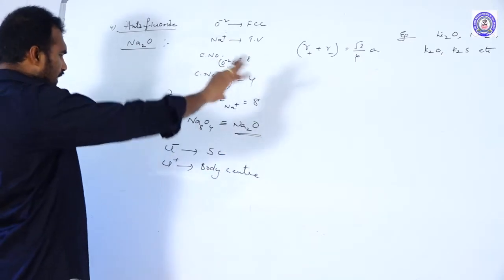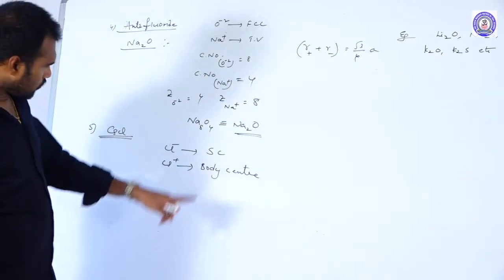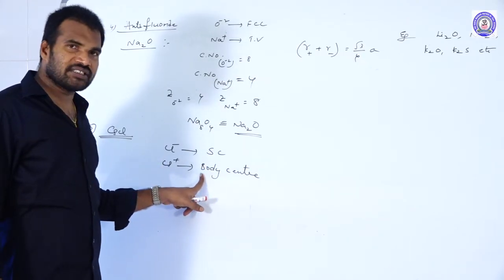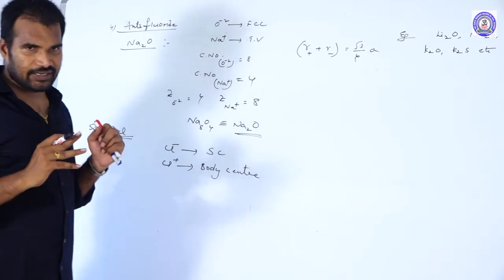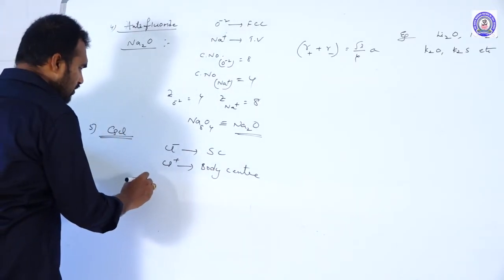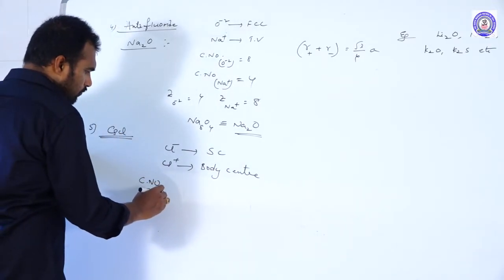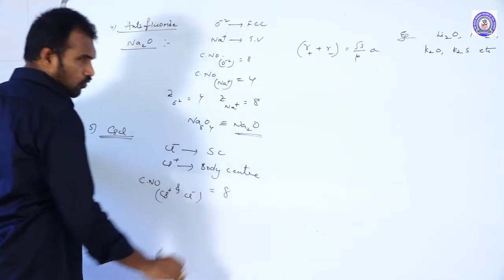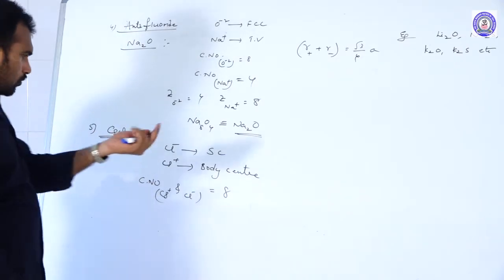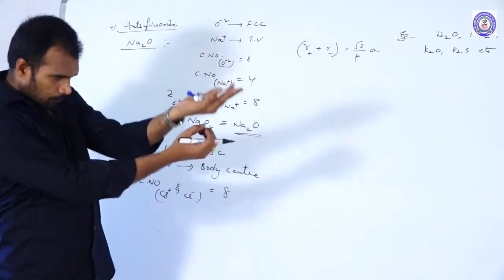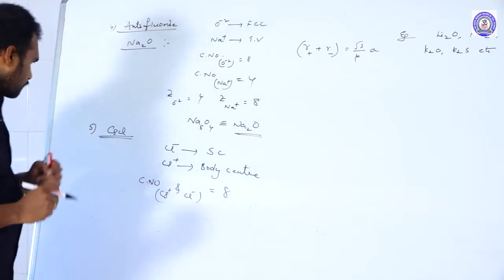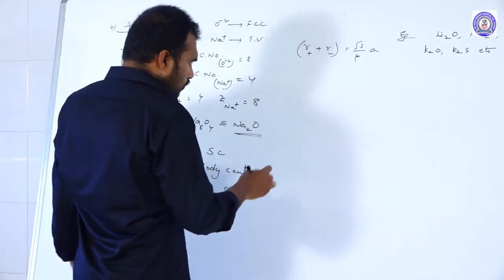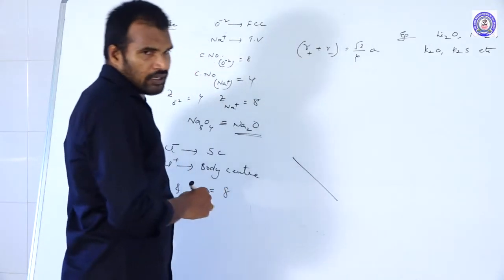So the overall crystal is like a BCC lattice. In this lattice, the coordination number of both cation and anion is 8: the center, 4 in the above layer and 4 in the below layer, total 8. Coming to the shortest distance between them, this is the body center.